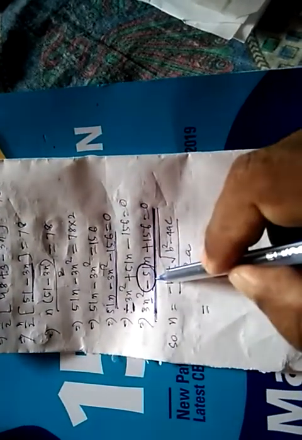So to get the value of n, you have the quadratic formula. So n is equal to minus b plus or minus square root of b square minus 4ac, divided by 2a. So this minus 51 is b. This is the value of b.